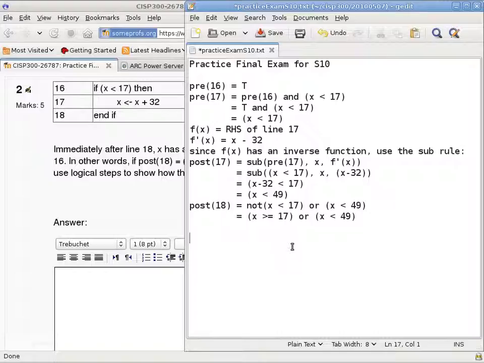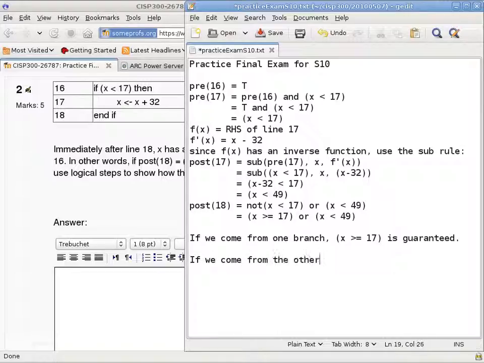All right, so what we're going to do is to say, okay, if we come from one branch, x greater than 17 is guaranteed. If we come from the other branch, then x is less than 49 is also guaranteed. Okay? So then the first question is, is x equals 35 compatible with these two conditions?